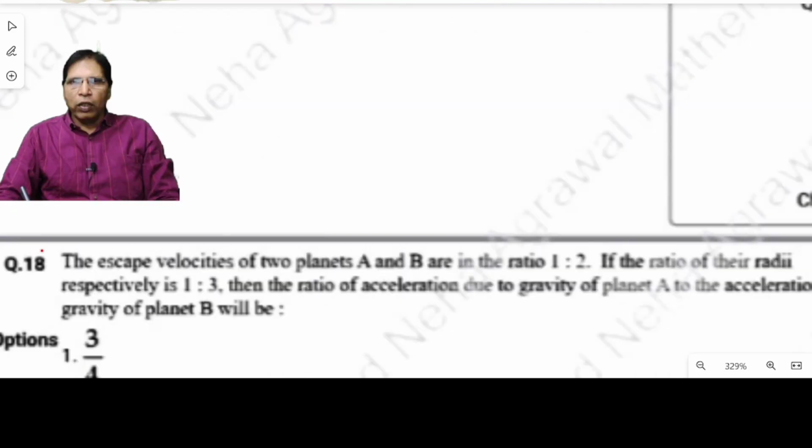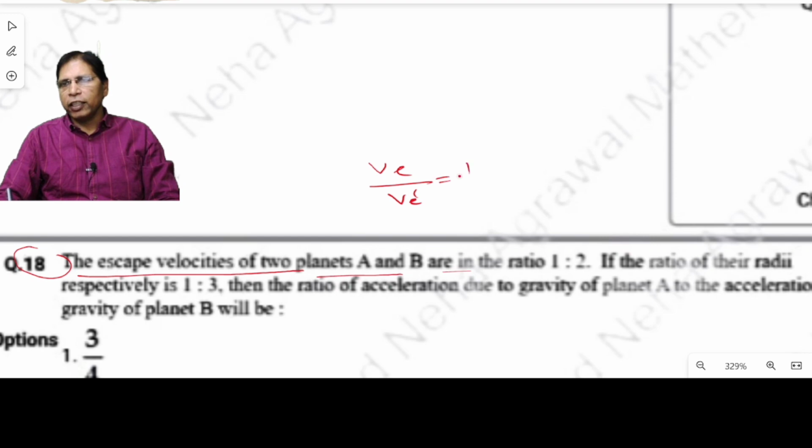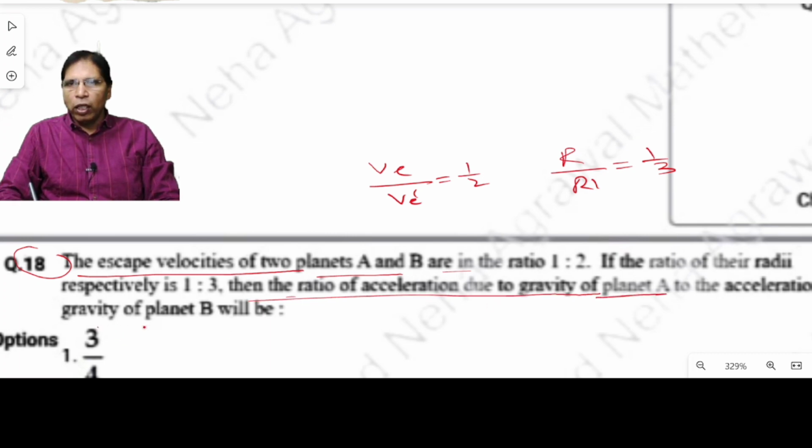Question number 18. The escape velocities of two planets A and B are in the ratio 1:2. So VE by VE dash is 1/2. And the ratio of the radii, R by R dash, is 1/3. Find the ratio of the acceleration due to gravity on planet A to planet B. You know VE equals root over 2GR.